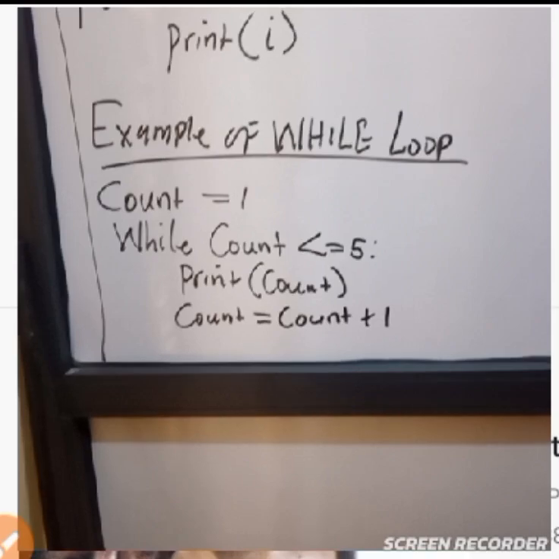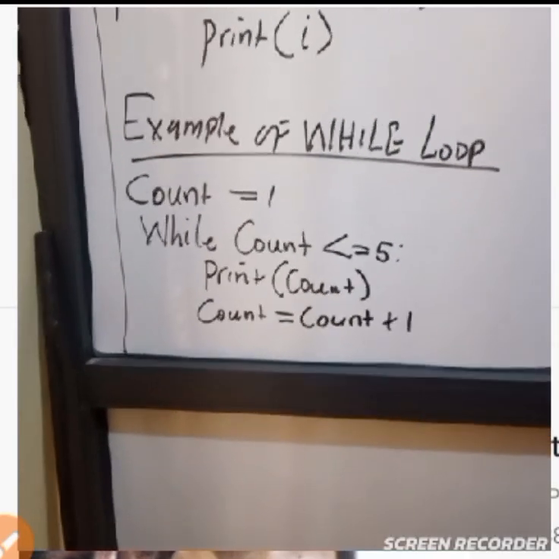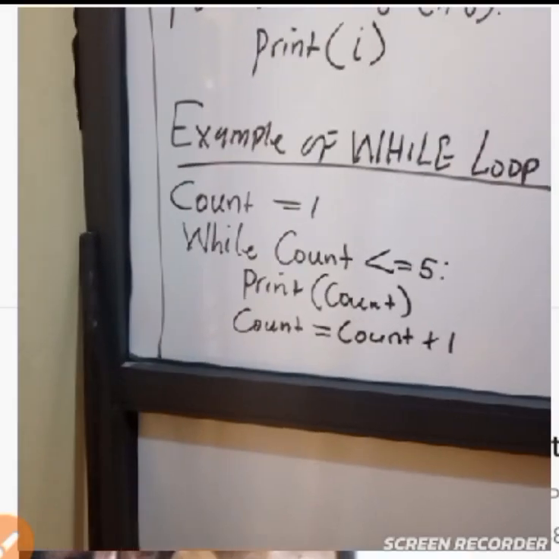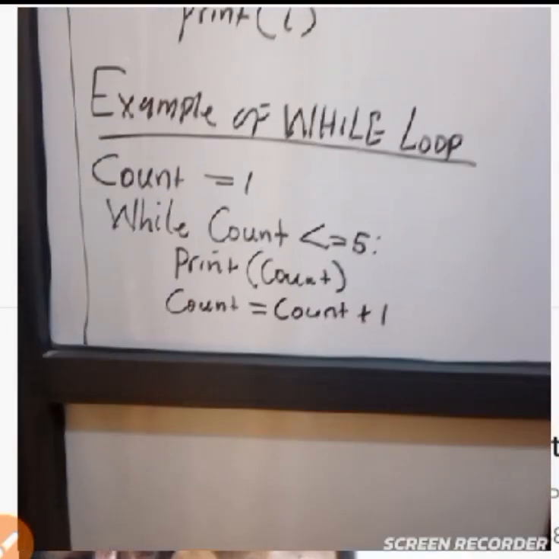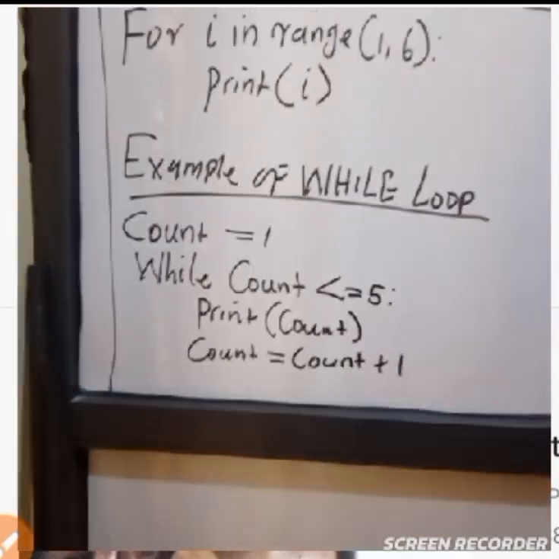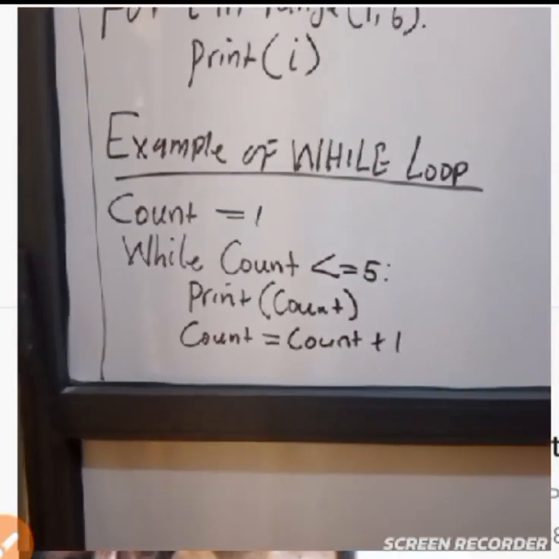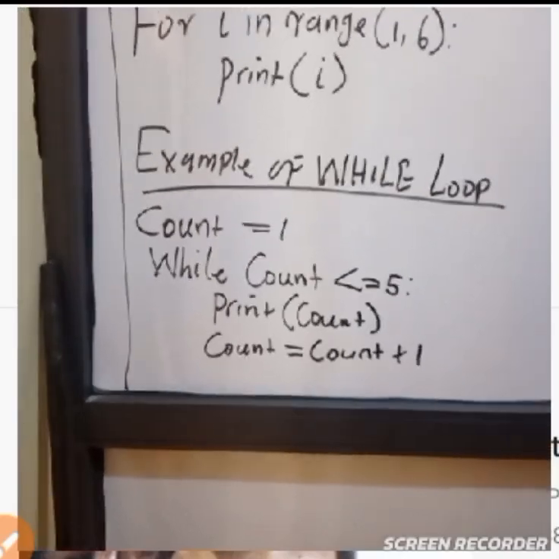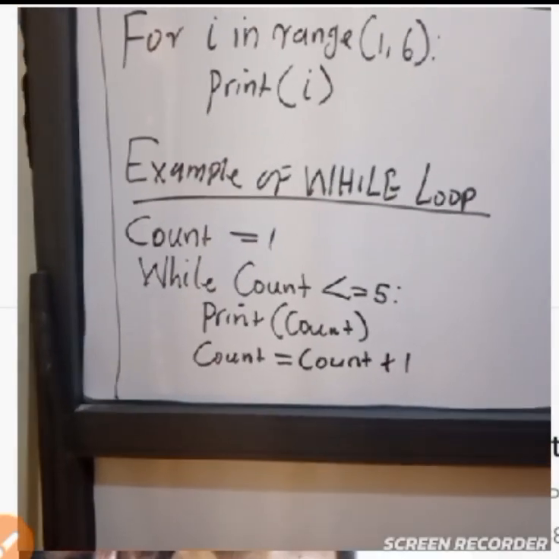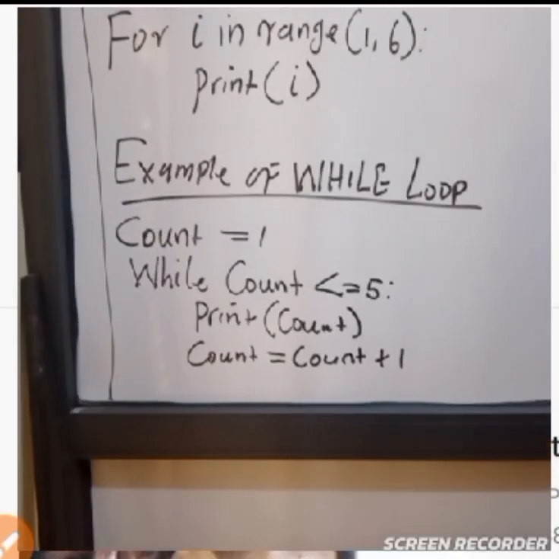Example 2, we have a while loop. All of these examples are Python code examples. In the while loop we have count equals 1, and then while count is less than or equal to 5, print count.